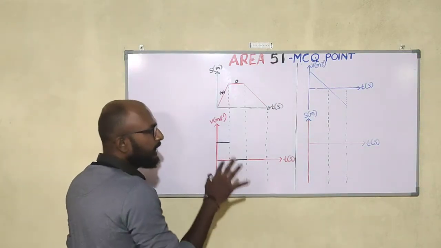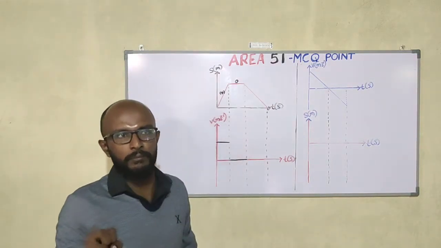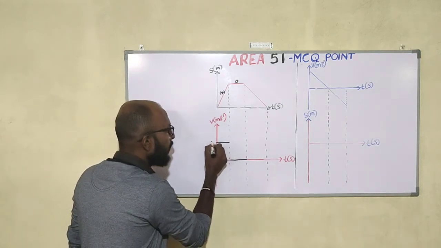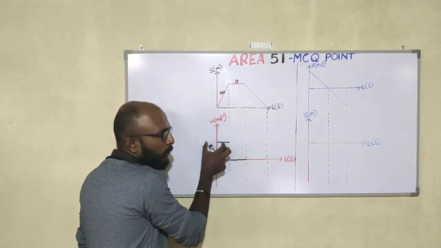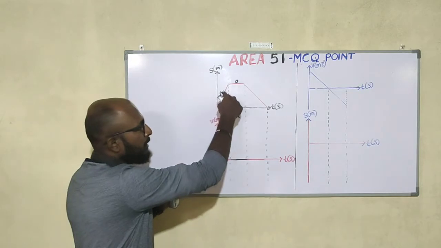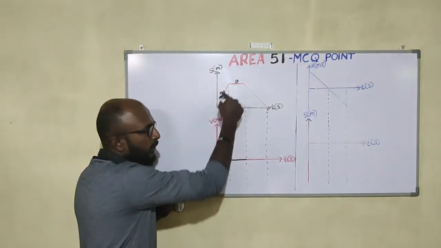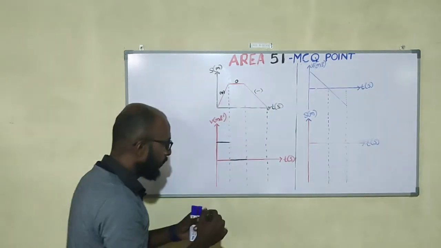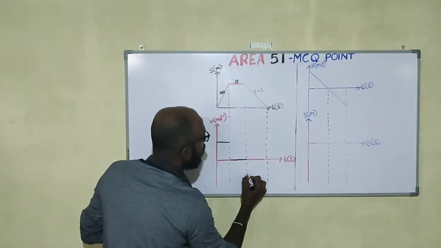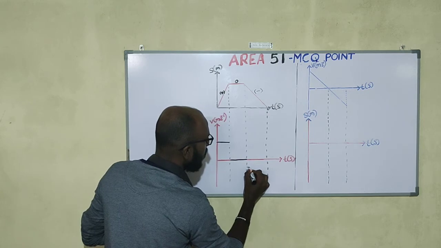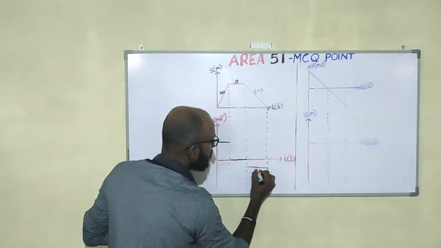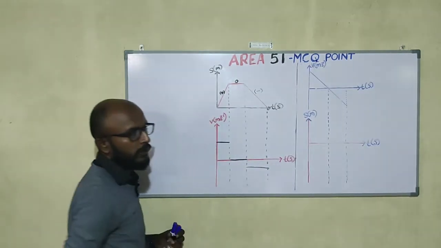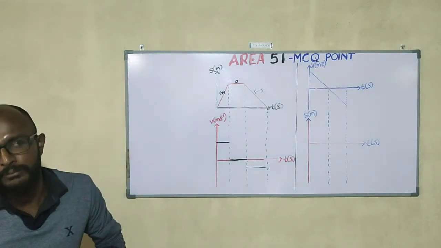That means the direction of velocity changes. So here we have taken the velocity as a positive one, as the gradient is positive here. Here the gradient is negative. So in this part we will get some constant velocity, but it's to the negative direction.